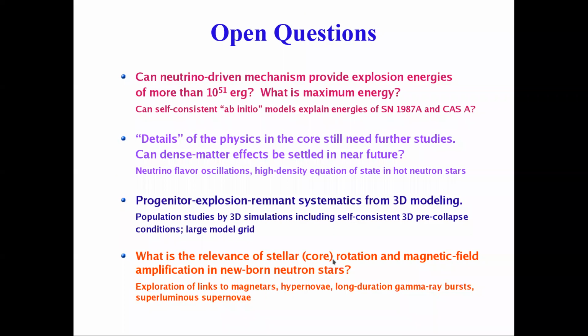What is the relevance of stellar core rotation and magnetic field amplification in newborn neutron stars? This is of relevance connected to the questions of magnetars, hypernovae, long duration gamma ray bursts, and potentially also superluminous supernovae. And my talk did not cover those phenomena, less or more exotic or rare, at all.